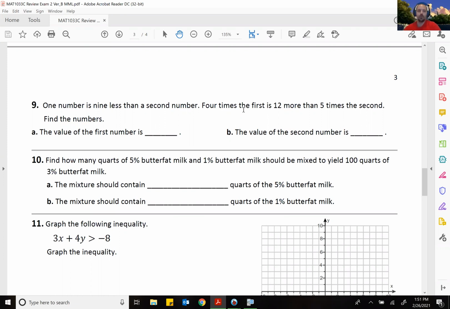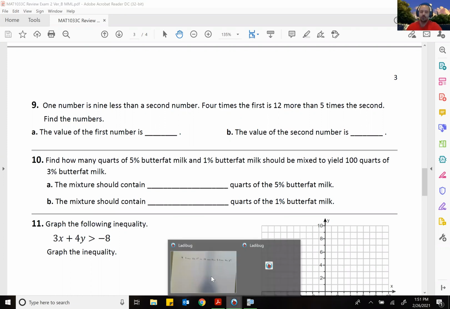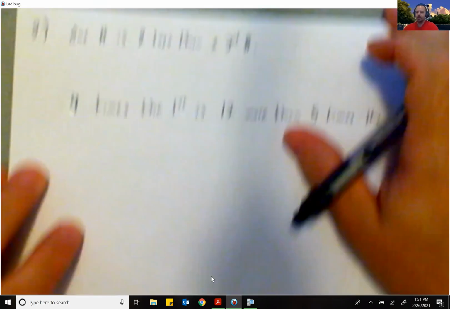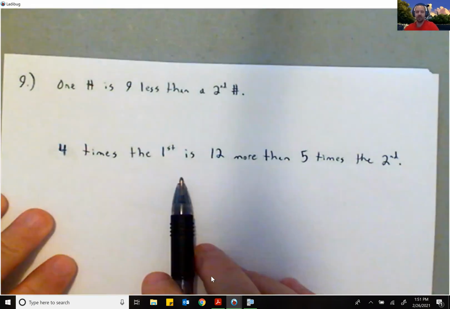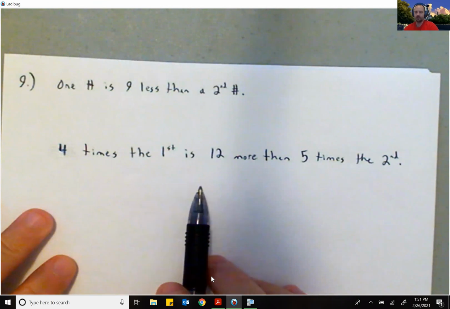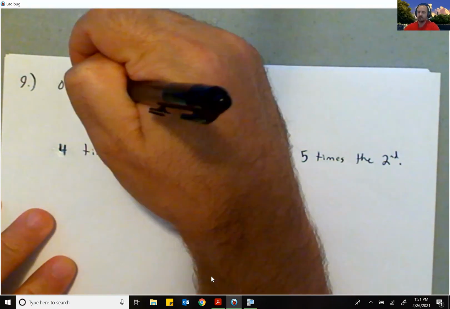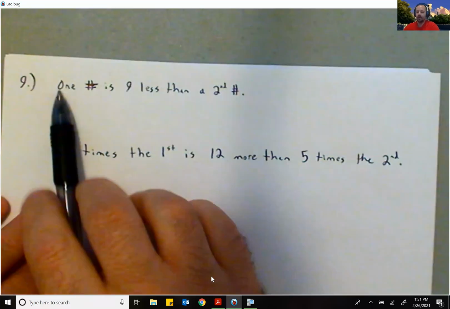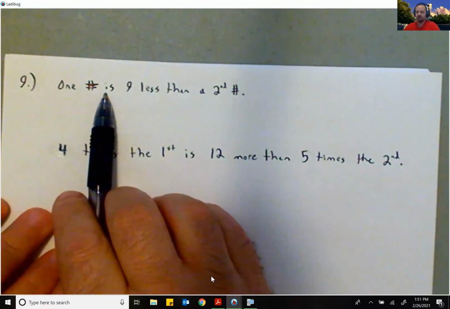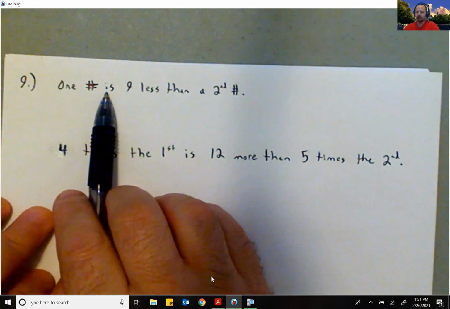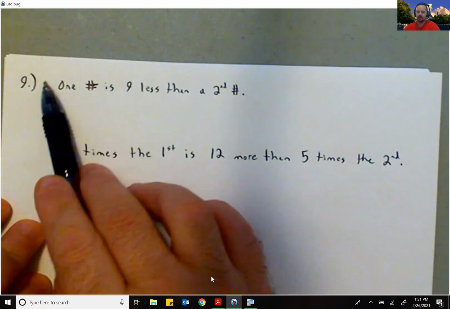So what we want to do is translate. I have our two sentences here, and each one of these sentences is an equation. So let's translate. Up here, that's not an H, that's a number sign. It says one number is. What do we want to call this?